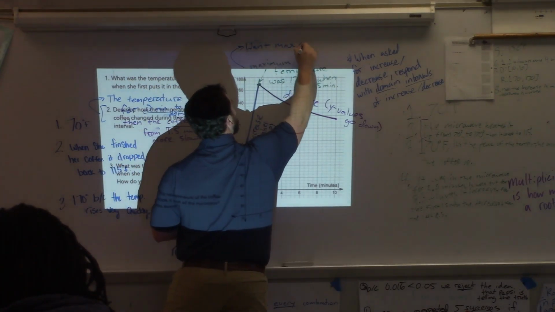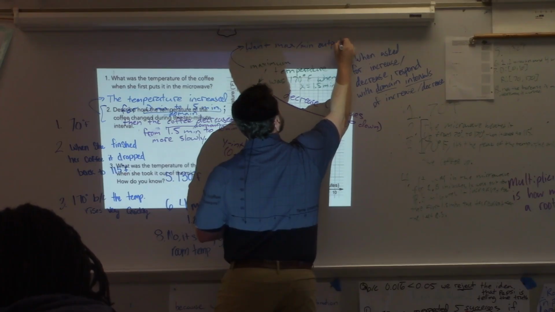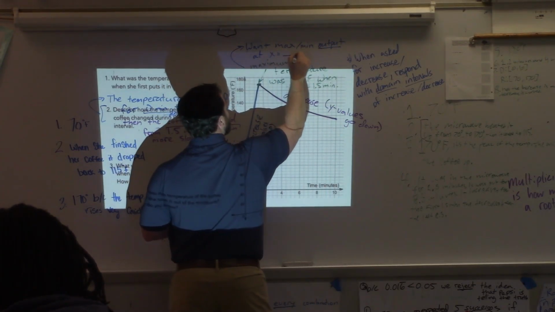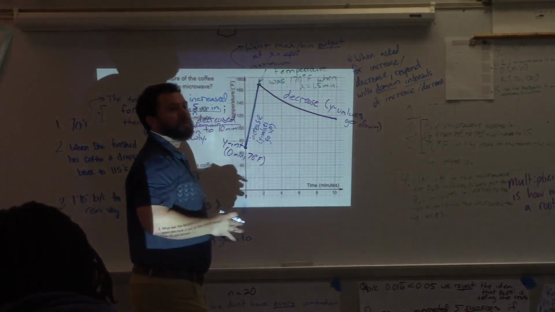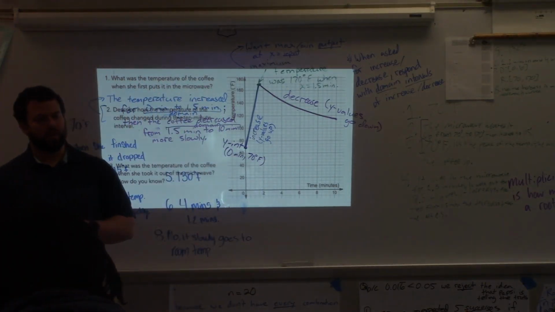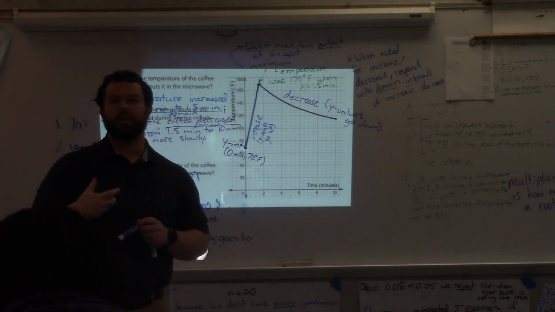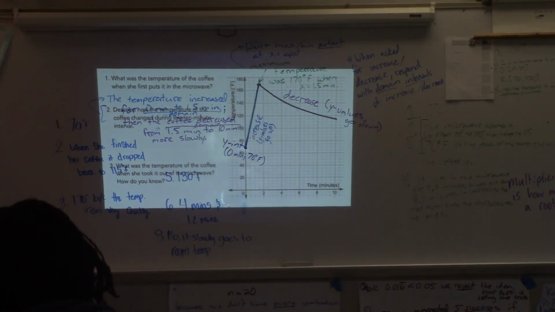So max or min output at x equals input. You can write it as a point. I haven't checked on Delta Math yet. Delta Math may ask for it as a point, but it is best to write it as, hey, this is what the maximum value is, this is what the minimum value is at this x value. Okay.